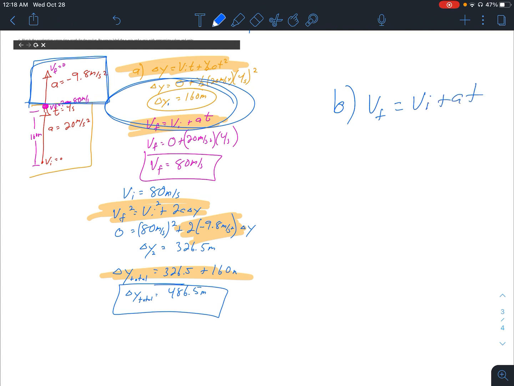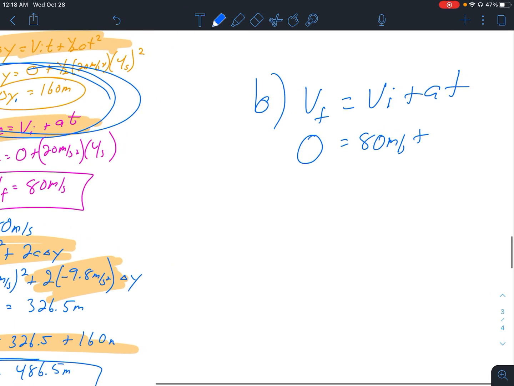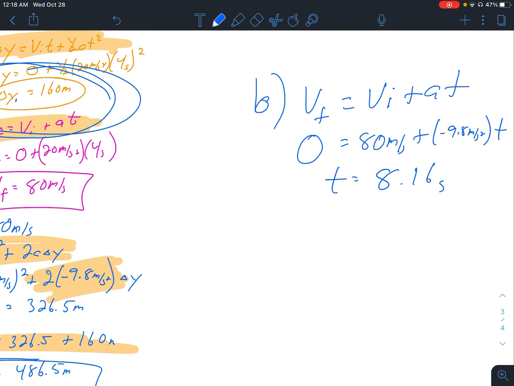So we can use this equation, where we're at the very tippy top, we're going to be at 0. Again, this is the second stage, so our velocity was 80, and we're under the influence of gravity. Solve for our time, and we get 8.16 seconds.